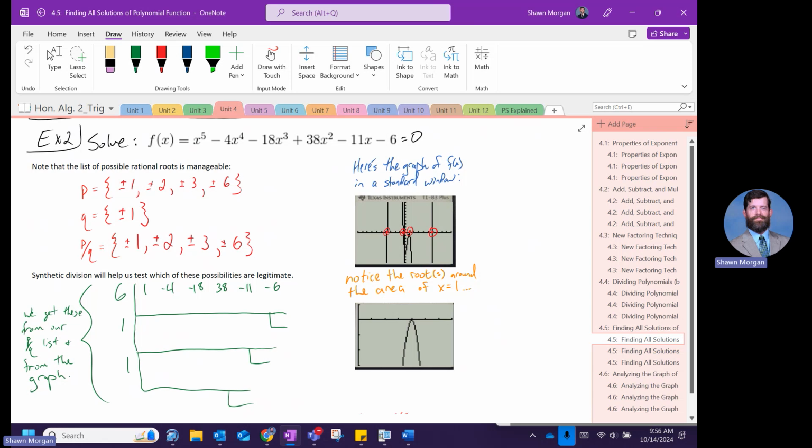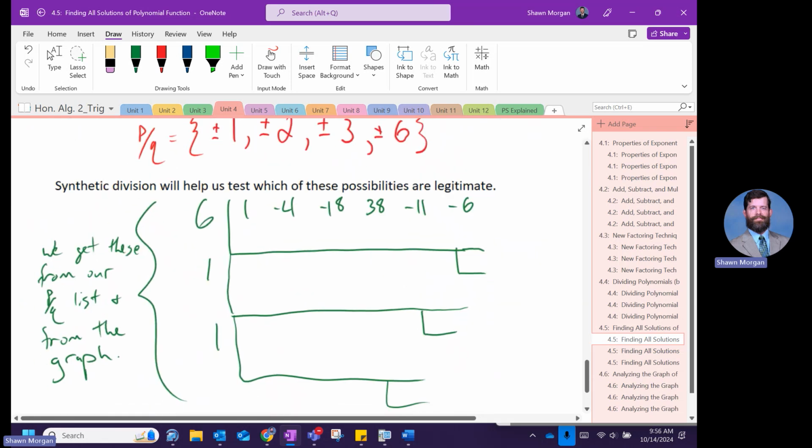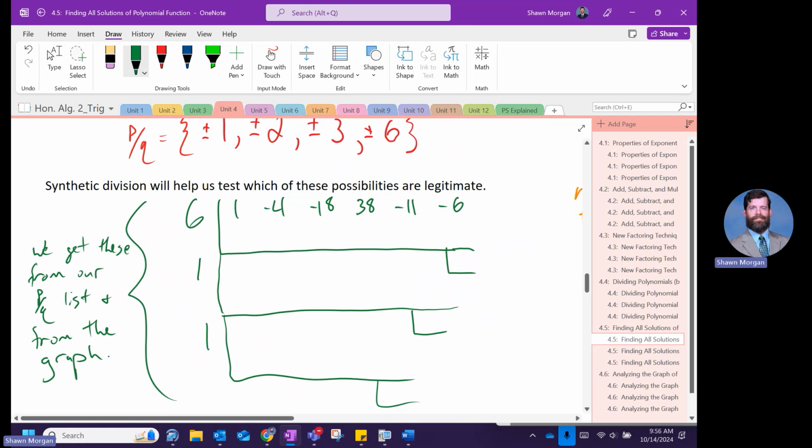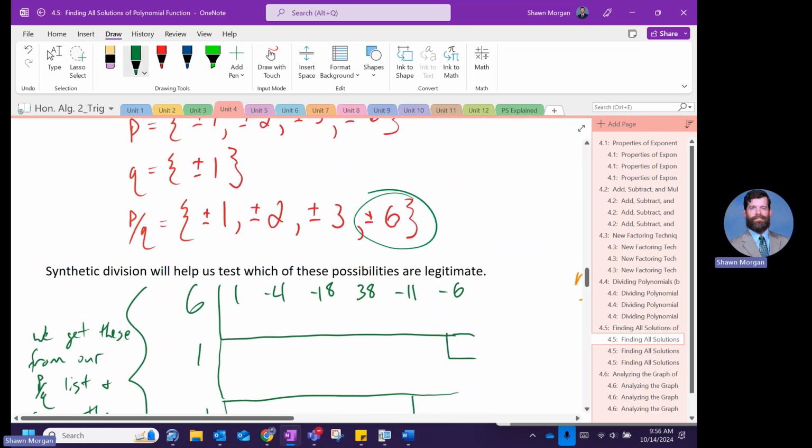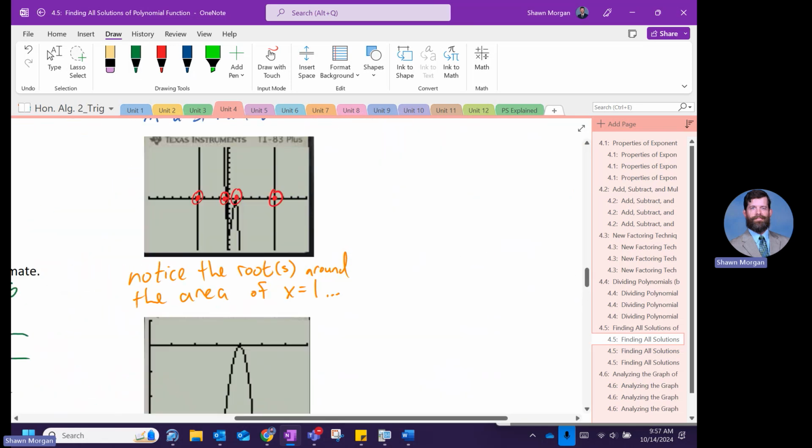All right, please help me with some arithmetic, my friend. Here we go, we're going to do a little synthetic division. Are you synthetically dividing with me here? Are you going to follow along? I'm going to see if 6 is a root, because, by the way, 6 was on my list of possible rational roots, and it looks like x equals 6 on the picture.